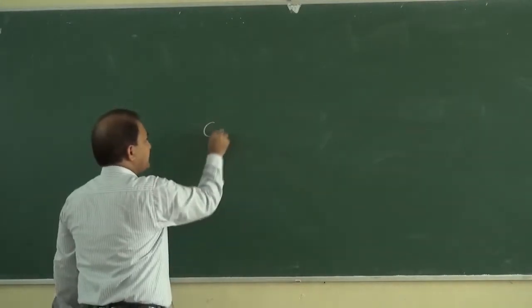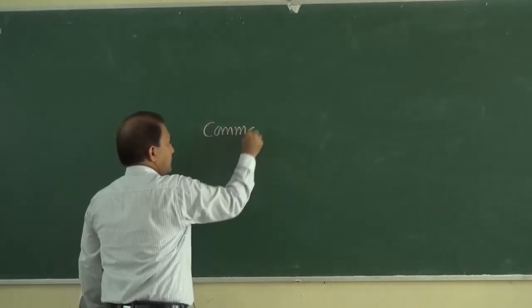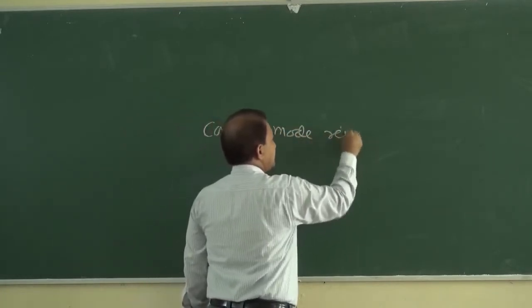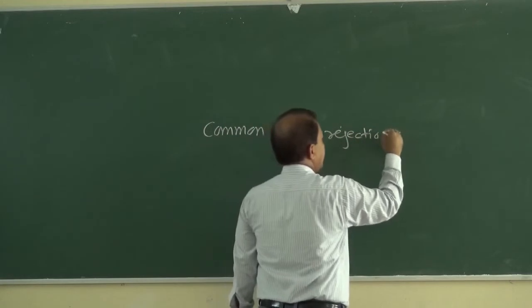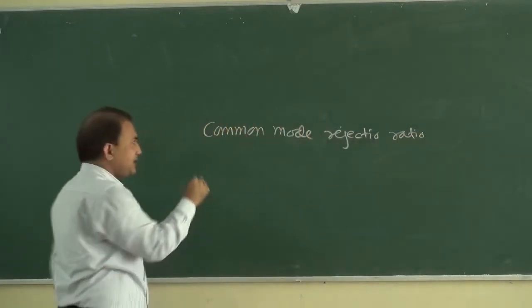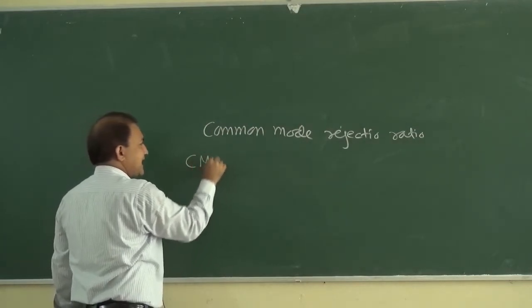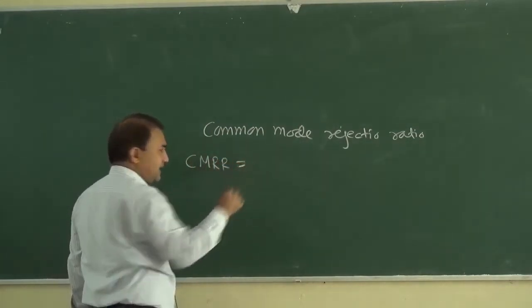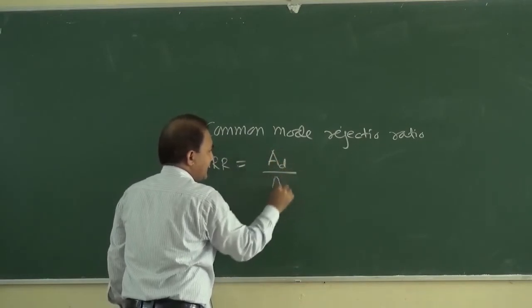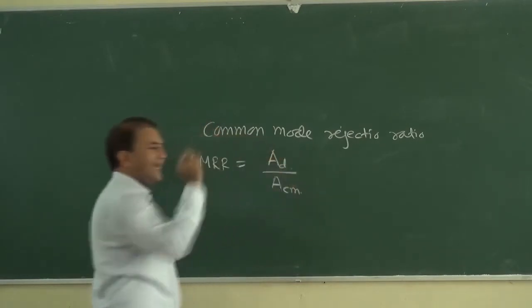CMRR stands for common mode rejection ratio. In short, it is also written as CMRR. It is equal to AD by ACM. What is AD?